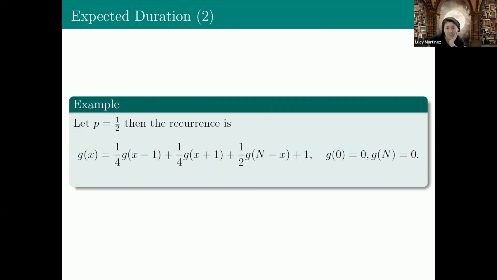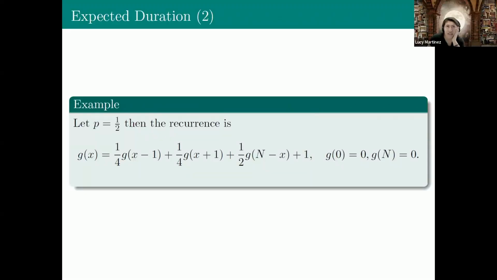And let's look at an example of using this recurrence and see what we get. In this case, let's fix p to be equal to 1/2 and not 1/3 like in the previous example. And this is what the recurrence looks like.